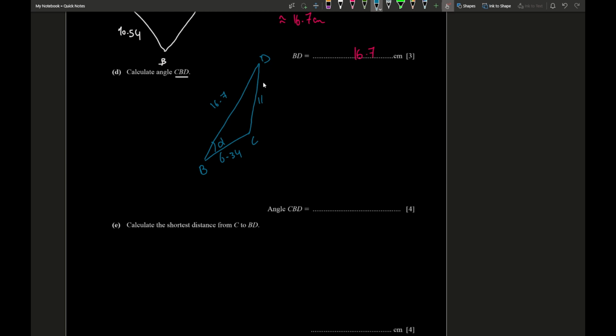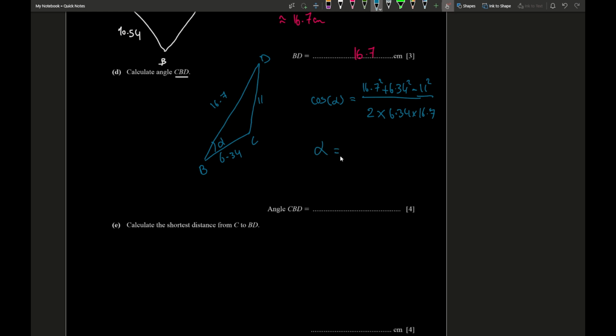According to the cosine rule, the cosine of alpha is equal to the sum of the squares of the sides adjacent to the angle, 16.7 squared plus 6.34 squared, minus the opposite side, which is 11 squared, divided by 2 times the sides adjacent to the angle, 2 times 6.34 times 16.7, and then take the inverse cosine of this to find alpha.